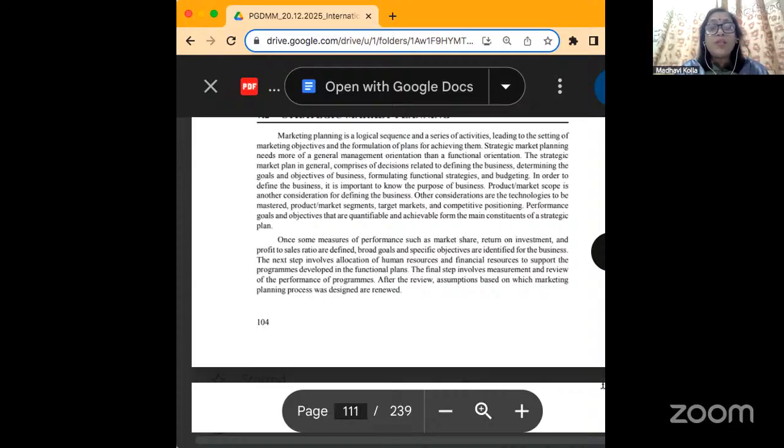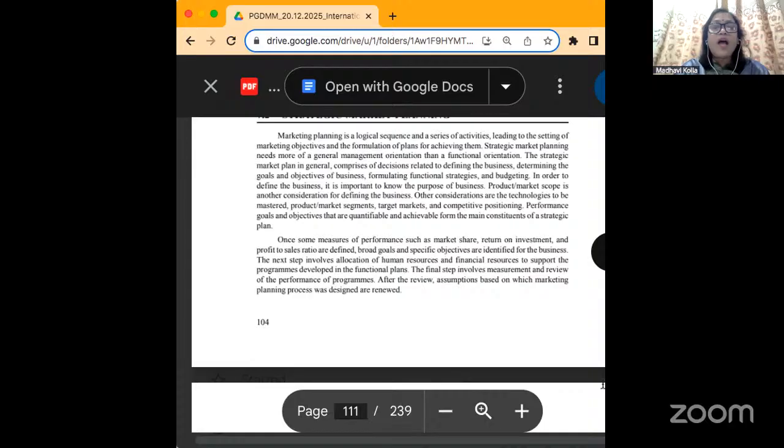Once some measures of performance, such as market share, return on investment, and profit to sales ratios, are defined, broader goals and specific objectives are identified for the business. And the next step involves allocation of human resources to be able to achieve these functional plans.